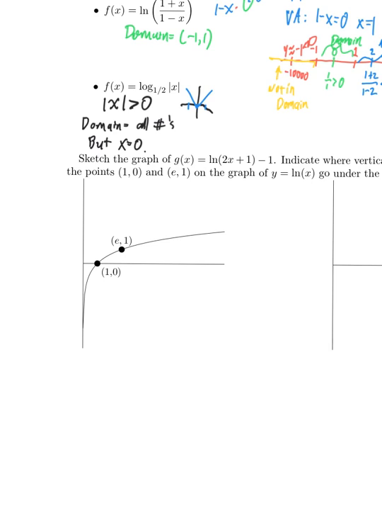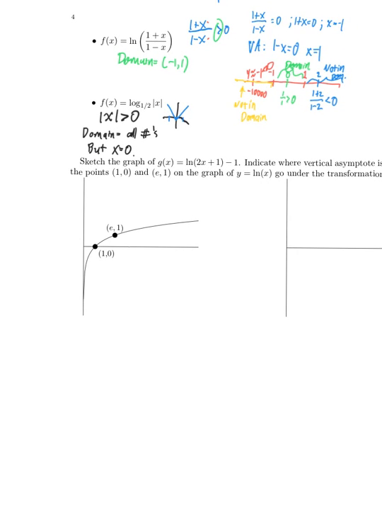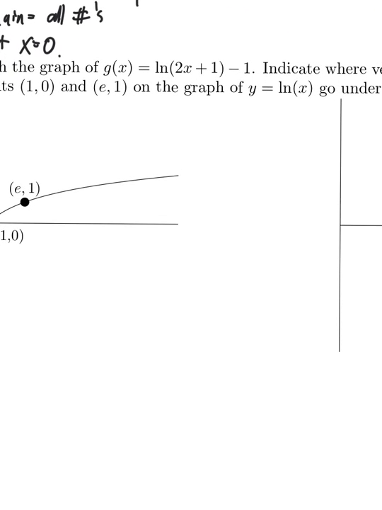So, closing thing. Let's remember how to sketch graphs of functions. So let's try to sketch the graph of g of x equal to the ln of 2x plus 1 minus 1. Let's remember the order that you're supposed to do graphing like this in.